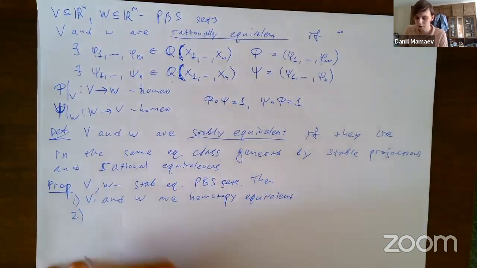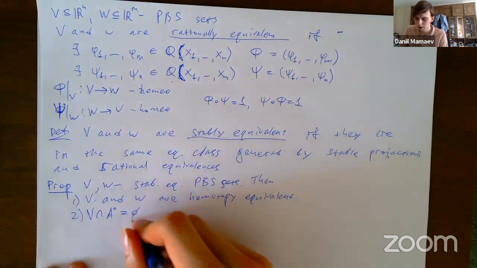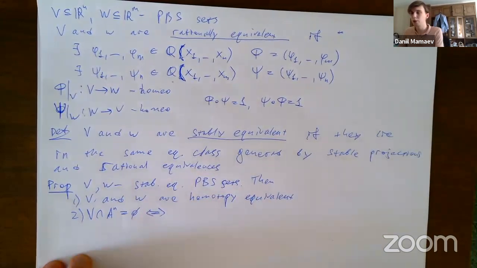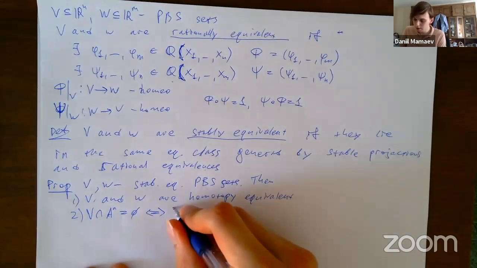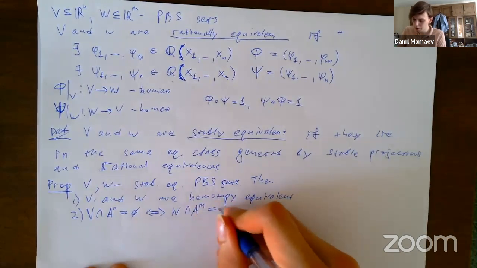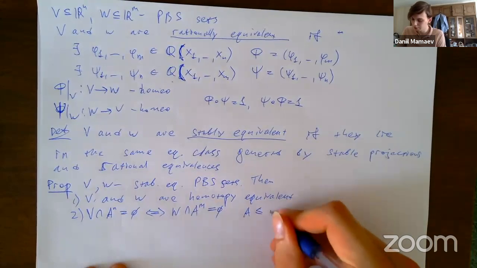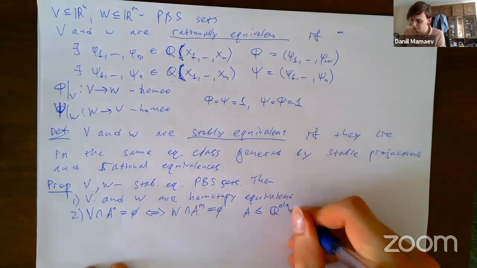And second, there are algebraic points in one set if and only if there are points in the other set, for any subfield of the algebraic numbers.